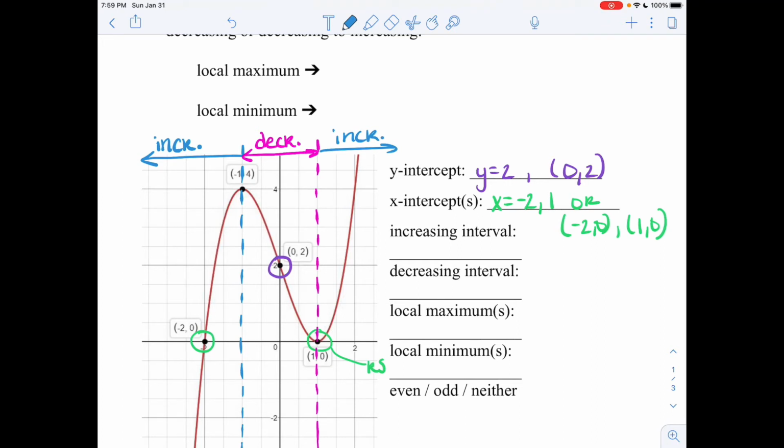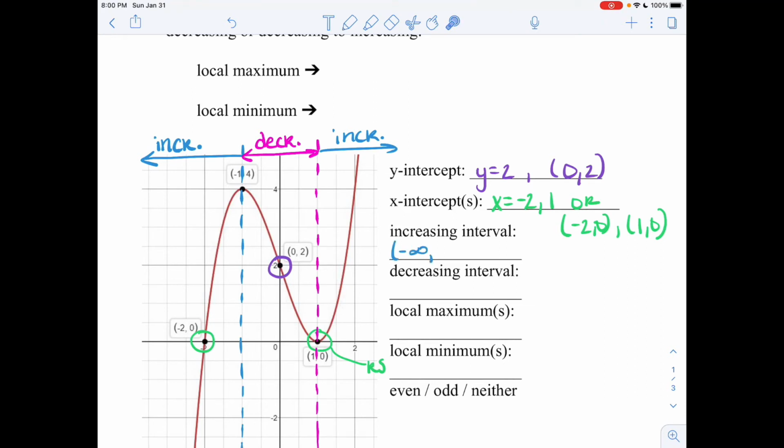So whenever we write our increasing and decreasing intervals, we just need to read from left to right and stop at these points. So if I start on the far left, I know that at the far left, I'm at -infinity.